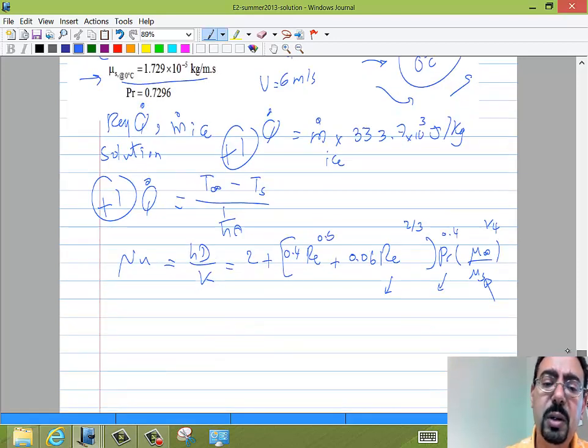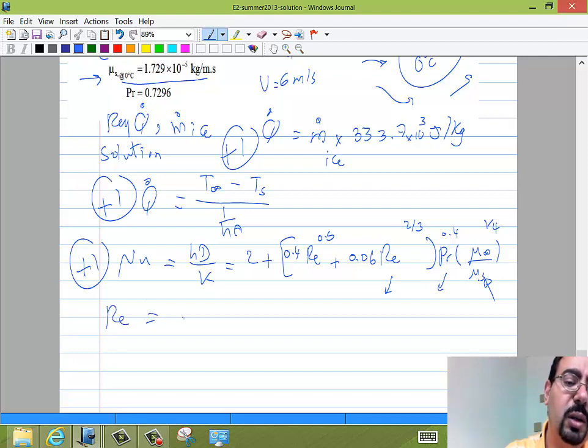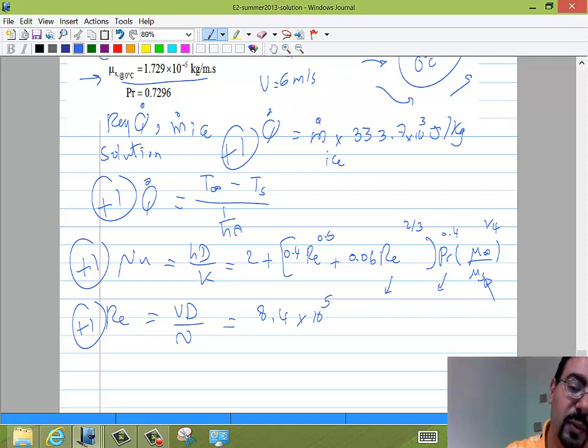For the Reynolds number, this equation is worth 1 point, and we need the Reynolds number. Reynolds is, of course, Vd over nu, and that Reynolds is worth 1 point. And so that Reynolds is 8.4 times 10 to the power 5.